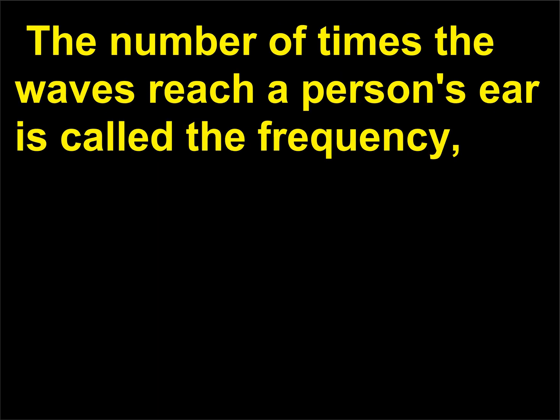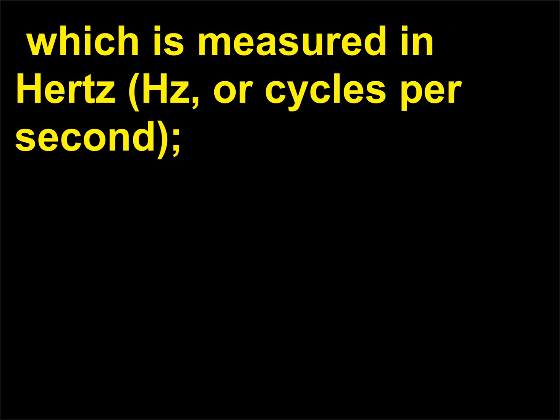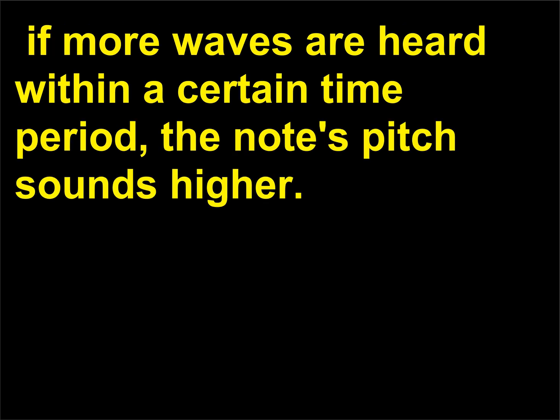The number of times the waves reach a person's ear is called the frequency, which is measured in hertz, or cycles per second. If more waves are heard within a certain time period, the note's pitch sounds higher.